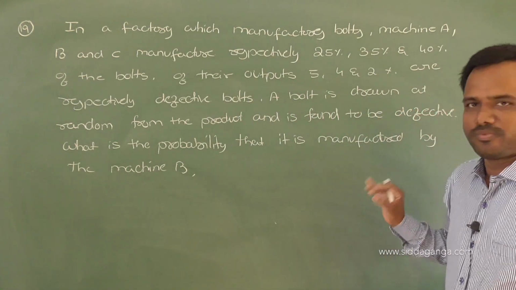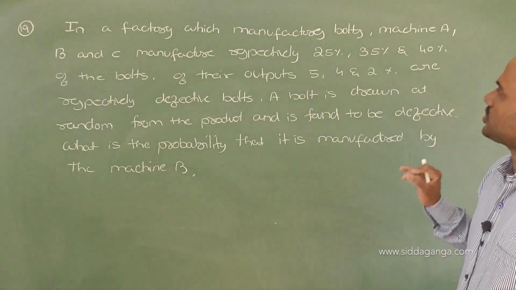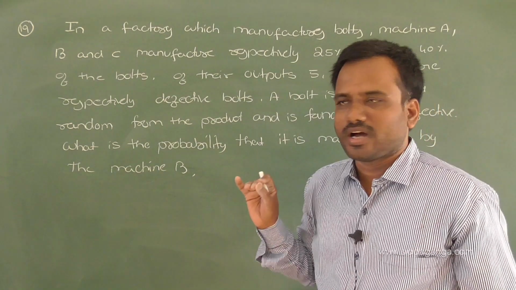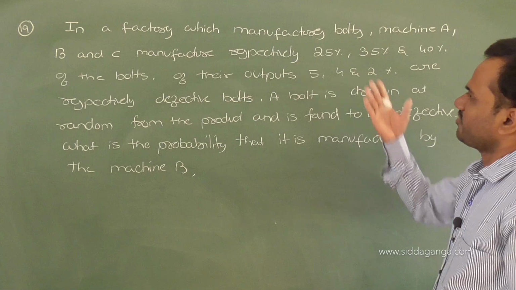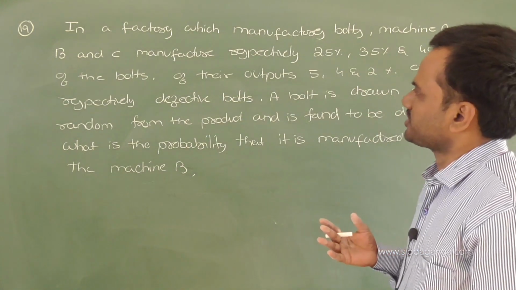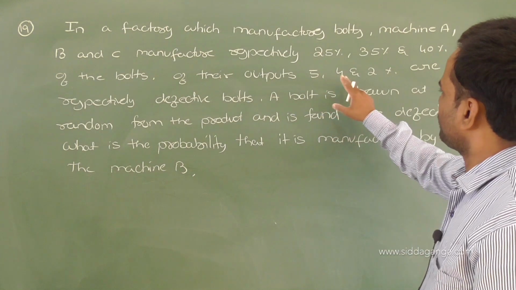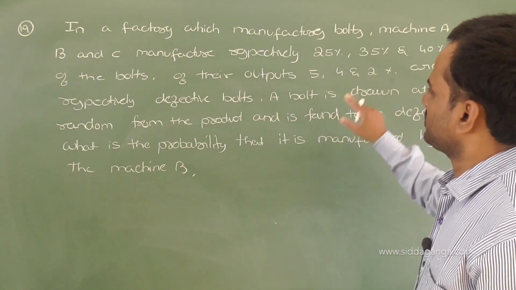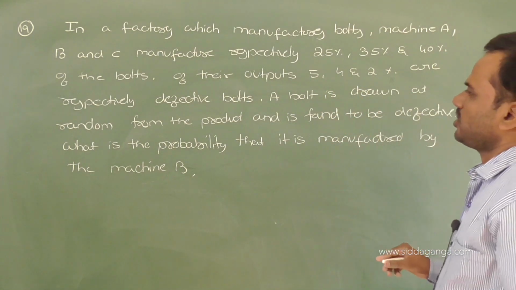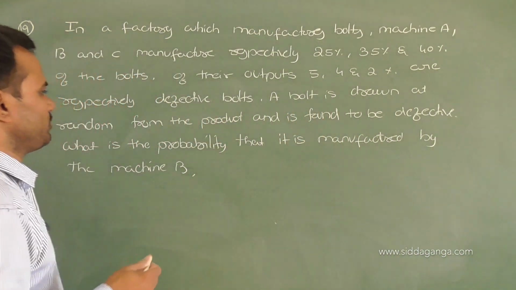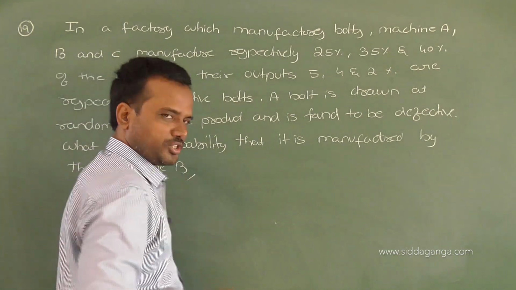So this is the problem. Three machines are there, machine A, machine B and machine C. 25%, 35%, 40%. Their defective output is 5%, 4% and 2%. A bolt drawn from the product is found to be defective. What is the probability that it is manufactured by machine B?